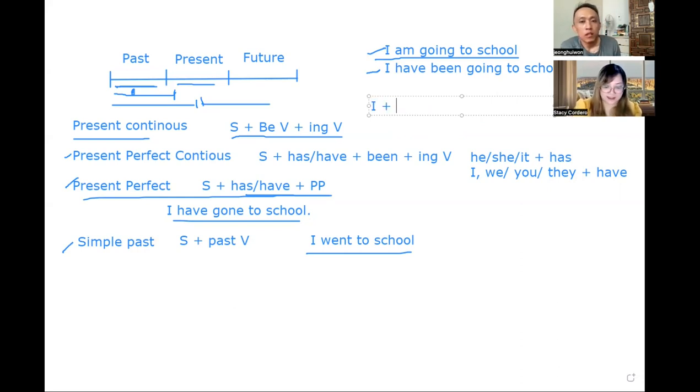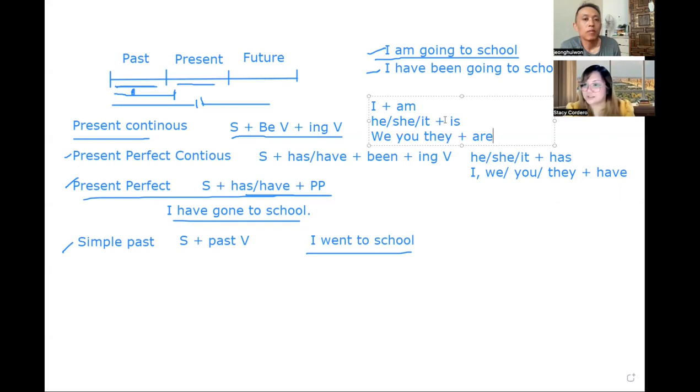I plus am, he, she, it plus is, and then we, you, they plus are. Be verbs, present continuous: am, is, are. Perfect continuous: has, have plus been plus ing. Present perfect: has, have plus pp or past participle. Simple past: I went to school.